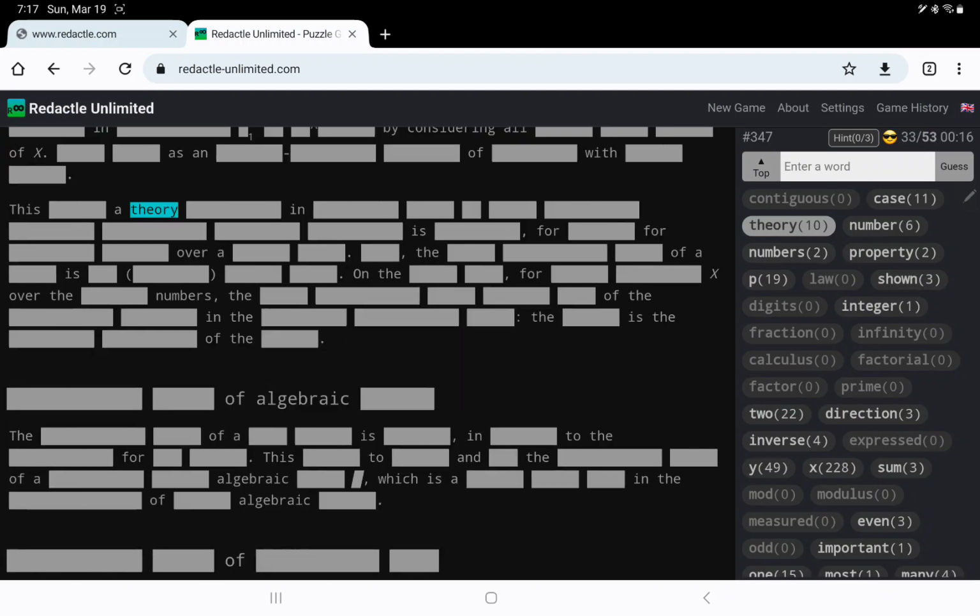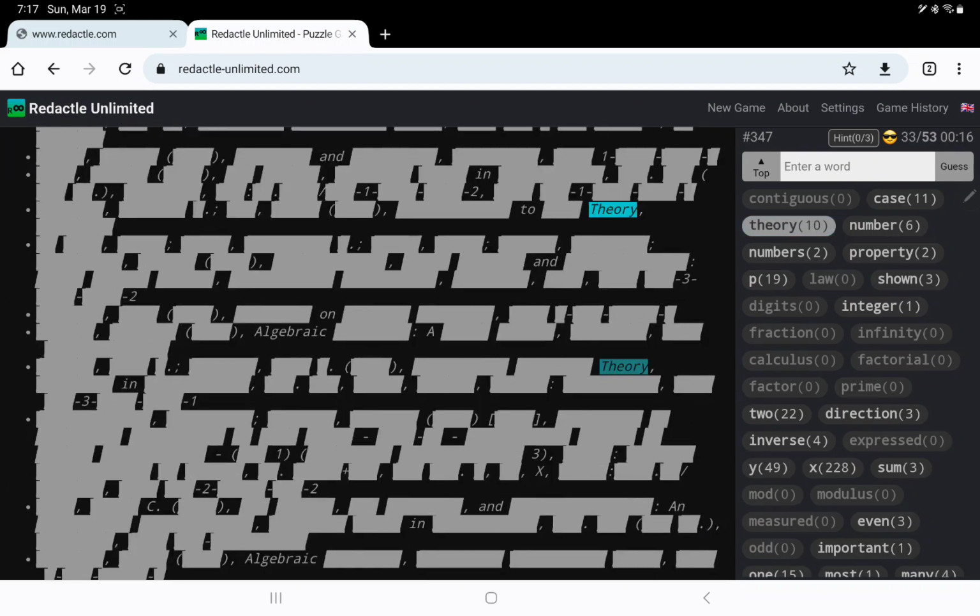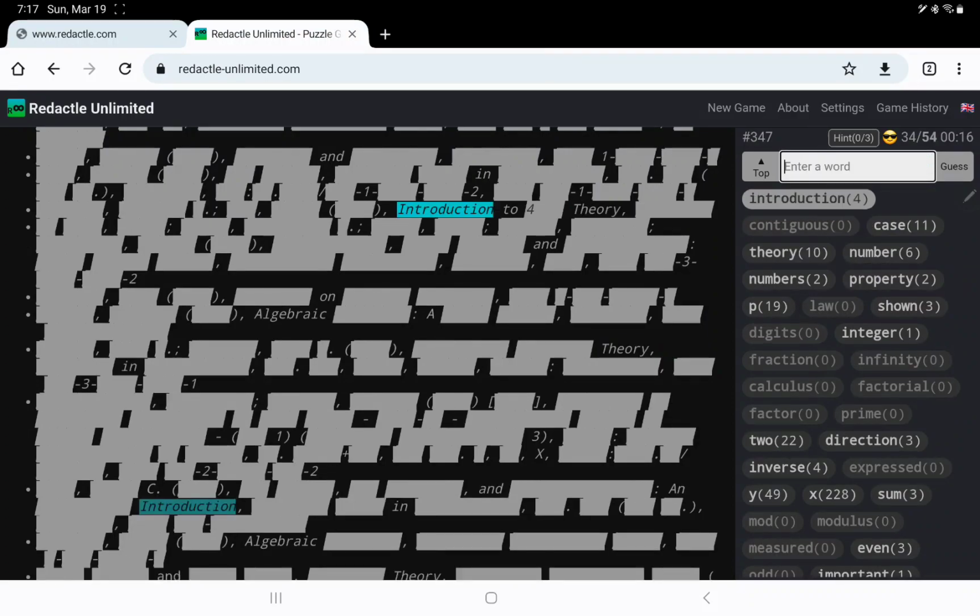In the 8 of 8 theory, and again the 8 of 8 theory, the 7 can be something. Introduction to 4 theory. What is this 4-letter word in mathematics?